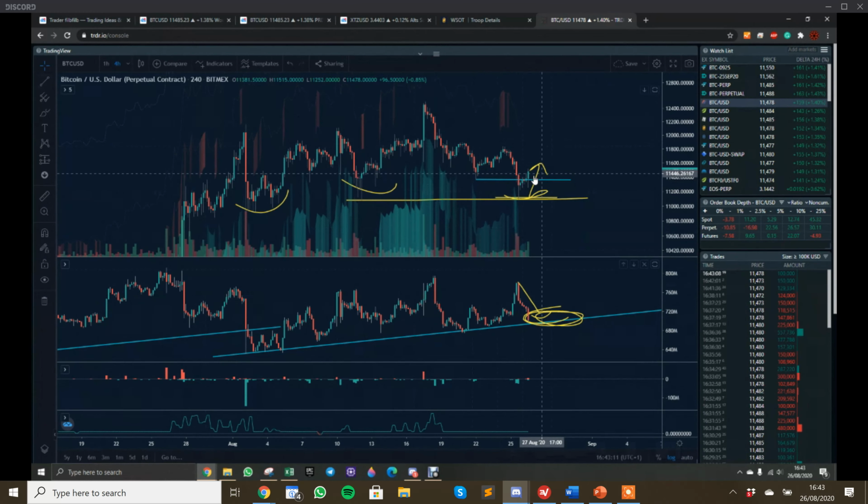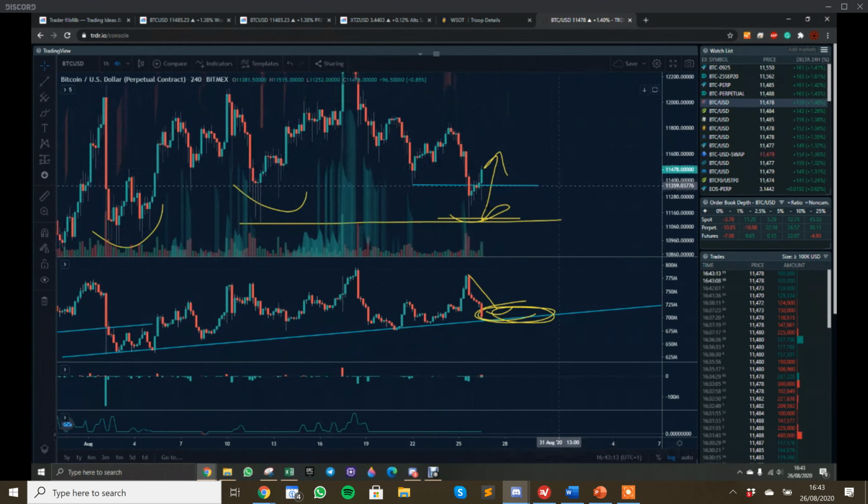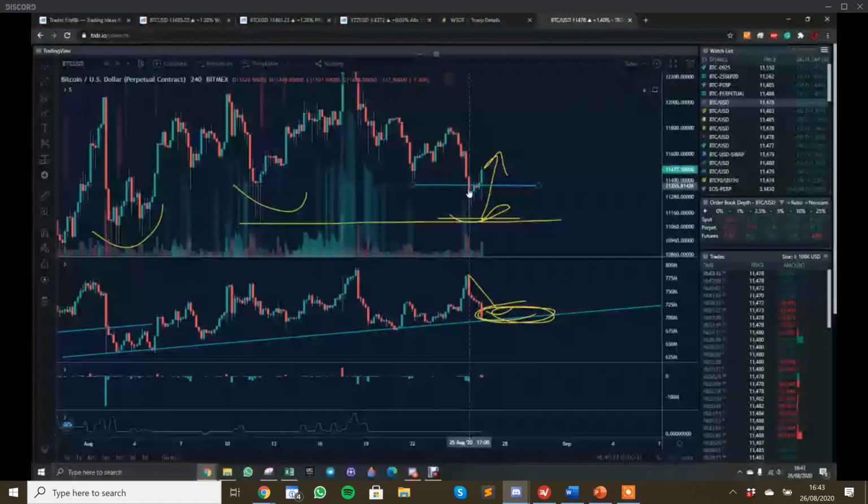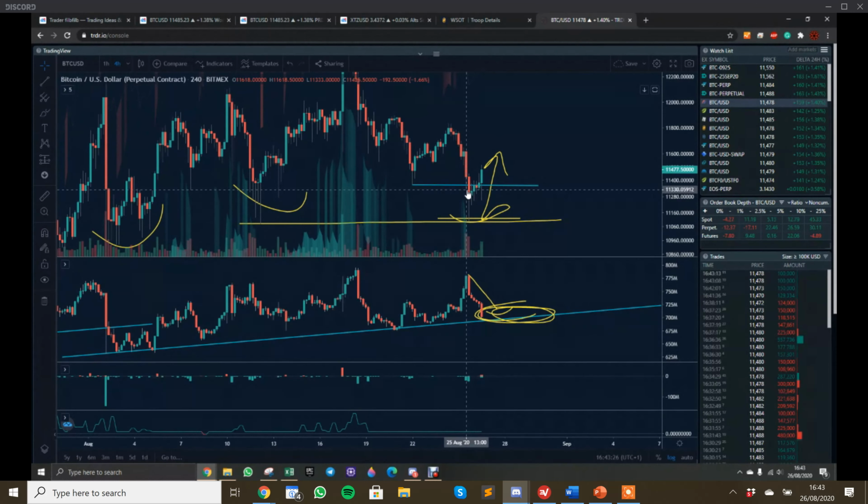The problem was, what I did was put my bids slightly below the wick here. But again, I could see that open interest continued to rise at an alarming rate, particularly on this candle. So I was sat here saying, oh, I'm cancelling these bids. Okay, I had a trade plan.